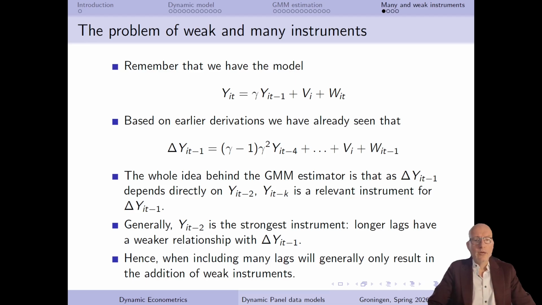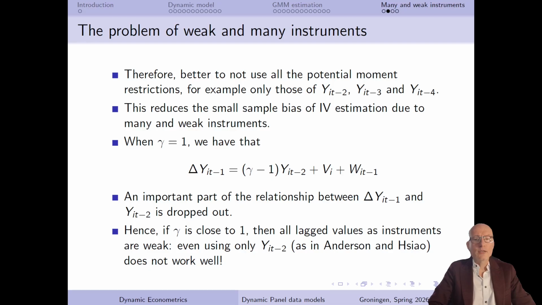And therefore, in contrast to what I have said so far, it is recommendable to not introduce all the different lags, so not to use all the potential moment restrictions that we have in our analysis. It is better to only use a couple of different lags.